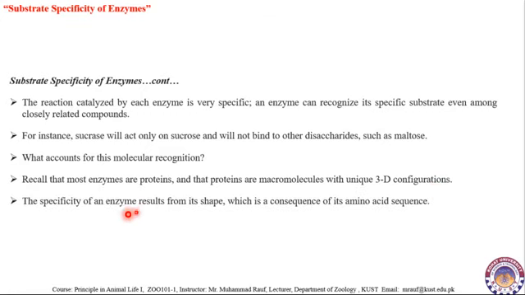The specificity of an enzyme results from its shape, which is a consequence of its amino acid sequence. The structure of an enzyme is determined by the sequence of nucleotides in DNA.